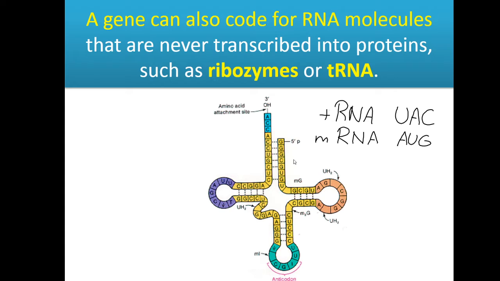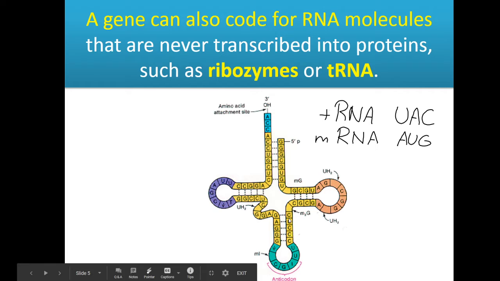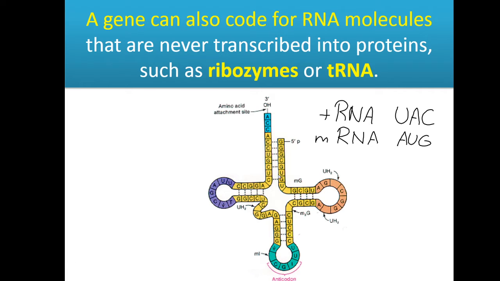All right, so then we must introduce our workhorse for translation, and that is the transfer RNA. This is a transfer RNA, this weird looking, kind of lobed clover leaf, I don't even know, frog foot thing.